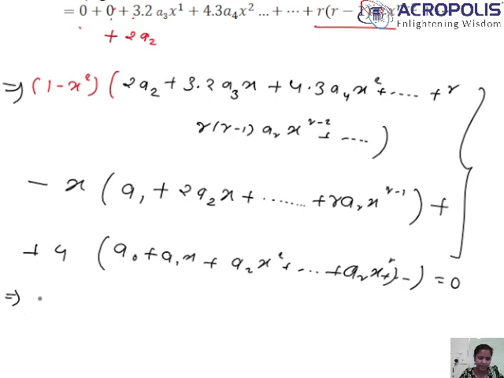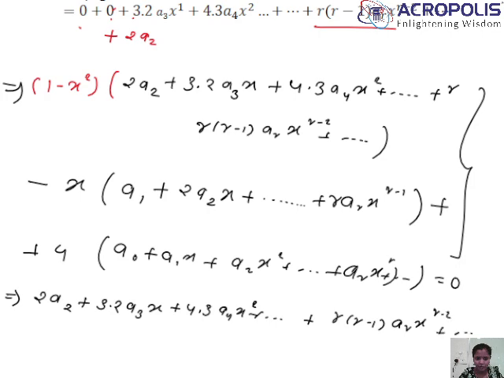When you multiply this term by 1, you get 2 a2 plus 3.2 a3 x plus 4.3 a4 x square and r into r minus 1 a_r x to the power r minus 2 and so on.